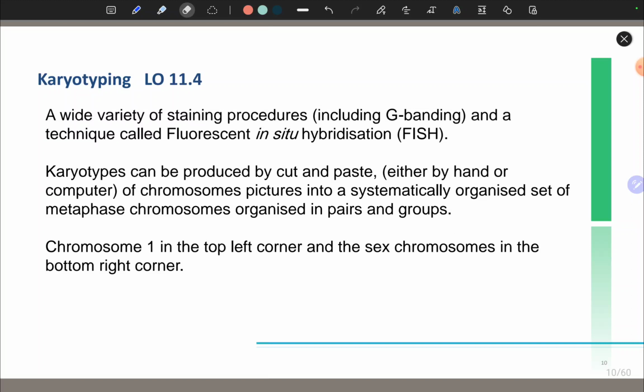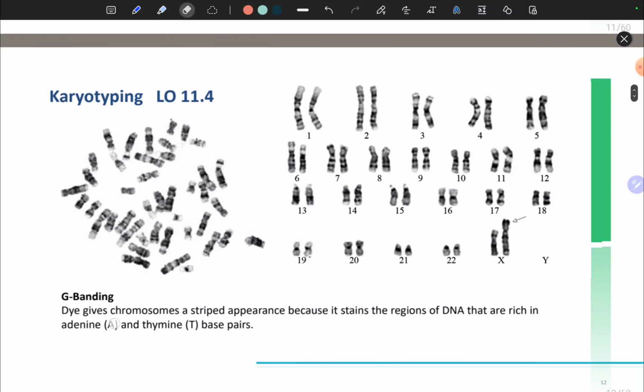It uses colored materials or dyes which will fluoresce when you apply a certain wavelength of light. So this is the procedure of karyotyping, how you check the number of chromosomes, whether this baby or this animal has a normal or abnormal number.